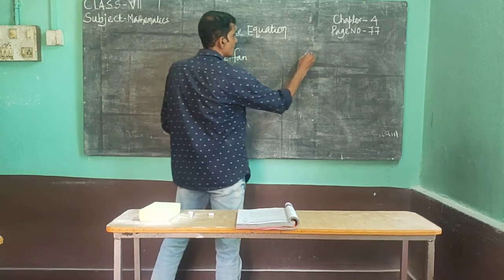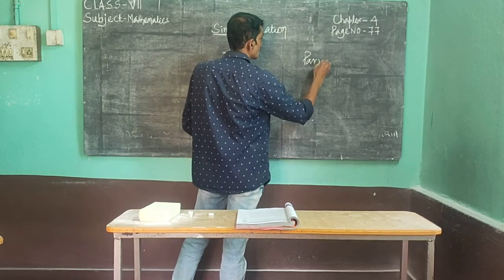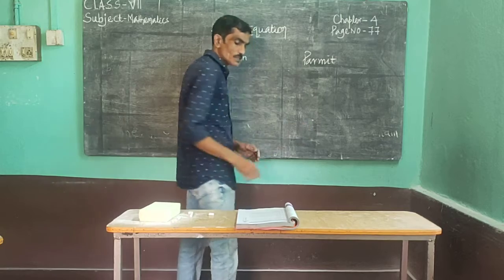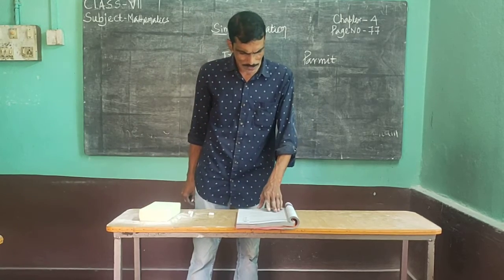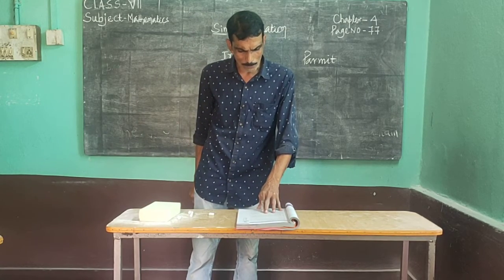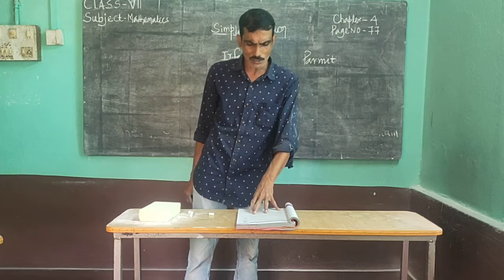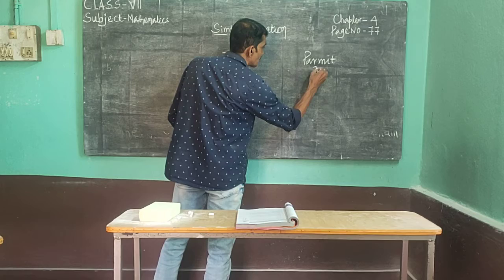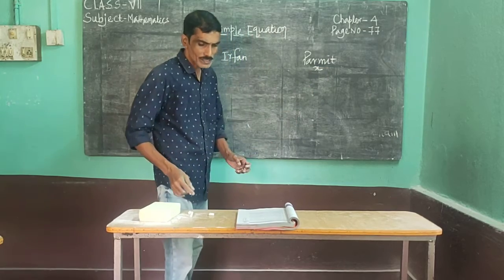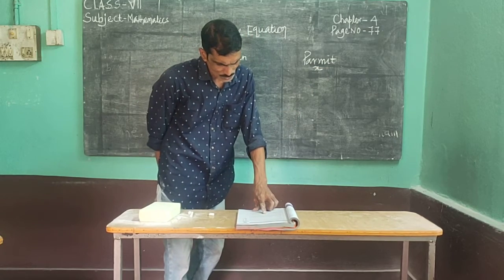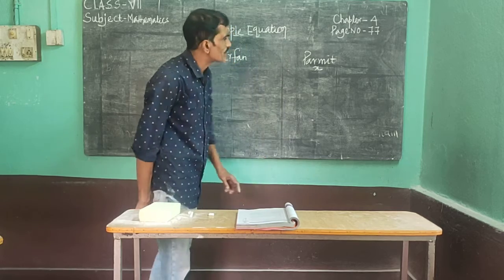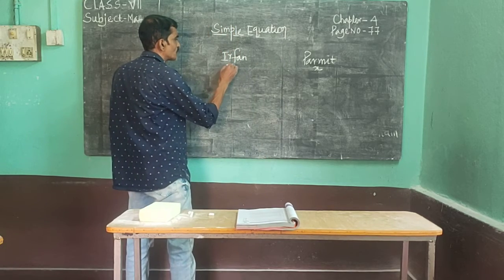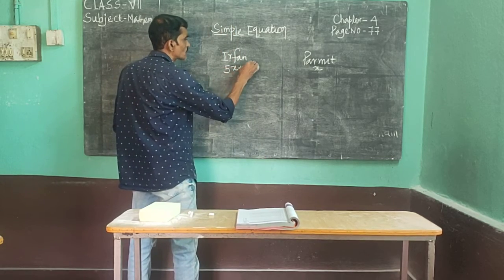So what does Irfan say? Irfan has 7 marbles more than 5 times the marbles Parmeet has. Let the number of marbles Parmeet has be x. Then Irfan has 5 times that, plus 7. So Irfan has 5x plus 7.